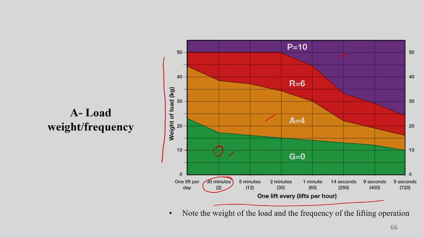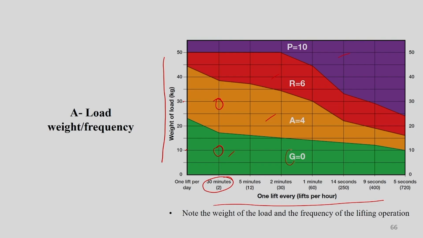However, if the weight is 30, in the same case you are here. So depending on the level of risk, you will mark your risk zone related to load weight and frequency in this particular chart, and accordingly you will get the numerical value.